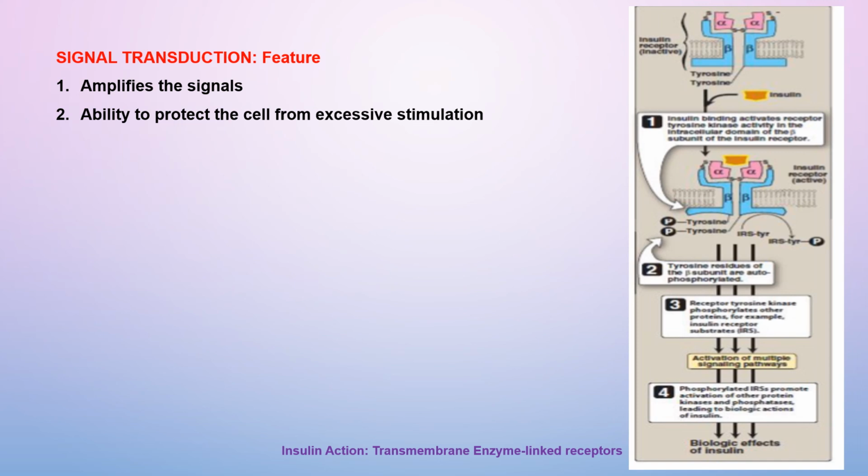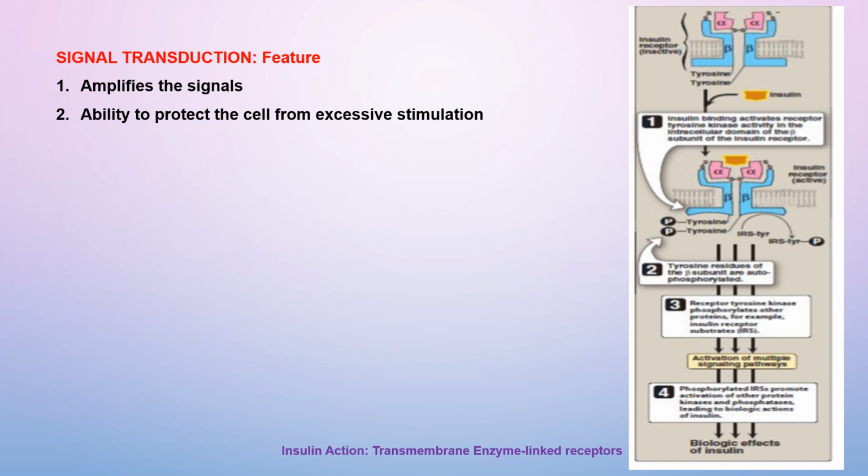After the activation of ligand receptor complex, the signal transduction pathway initiates the response to pass the signal to the primary target. The main feature of signal transduction pathway is to amplify the signal originating at the ligand receptor complex and to protect the cell from excessive stimulation.